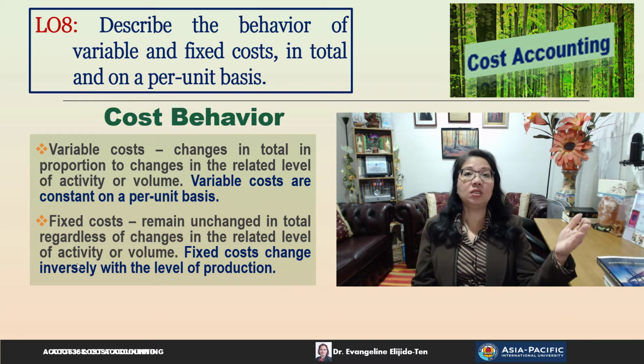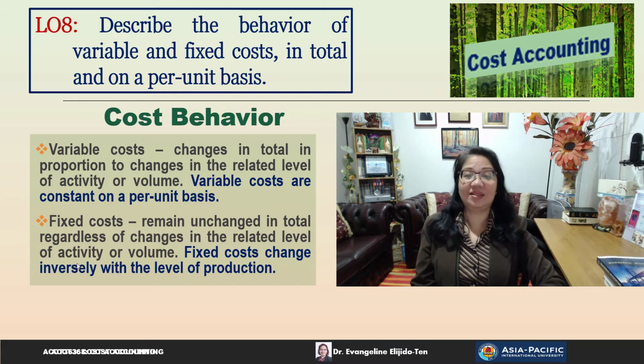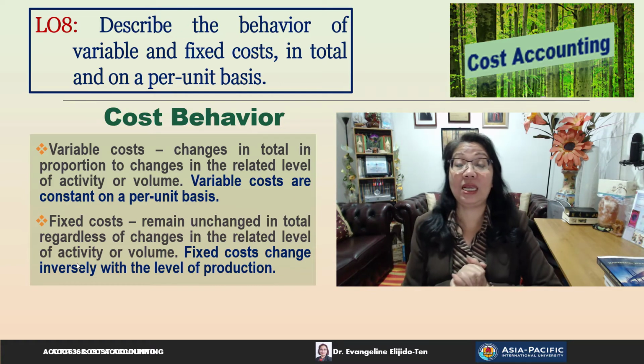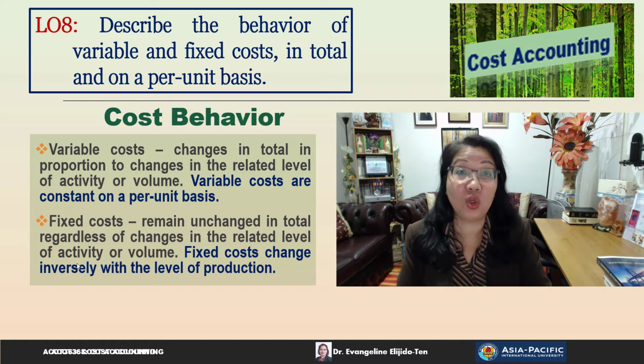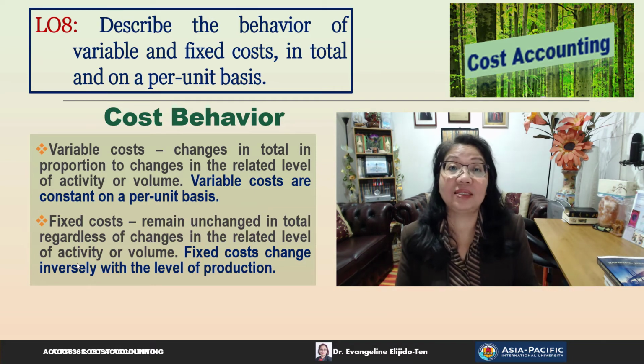So $5,000 in rental divided by 5,000 units produced in the whole month means $1 in rental cost would be incurred per unit, right? But if we produce only, let's say, 1,000 units in 1 month, do we pay less in rental?